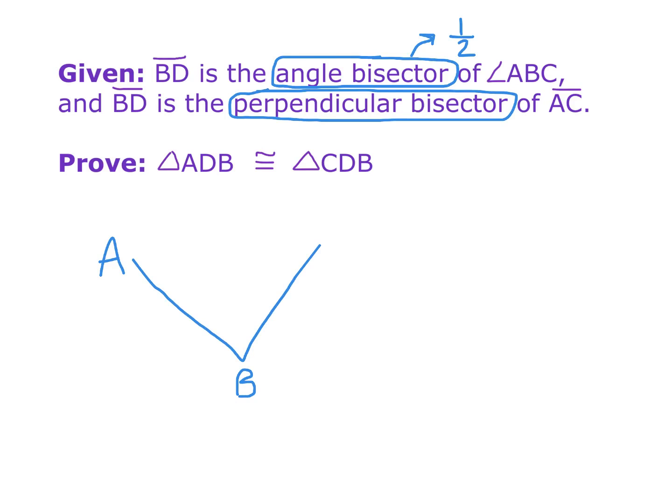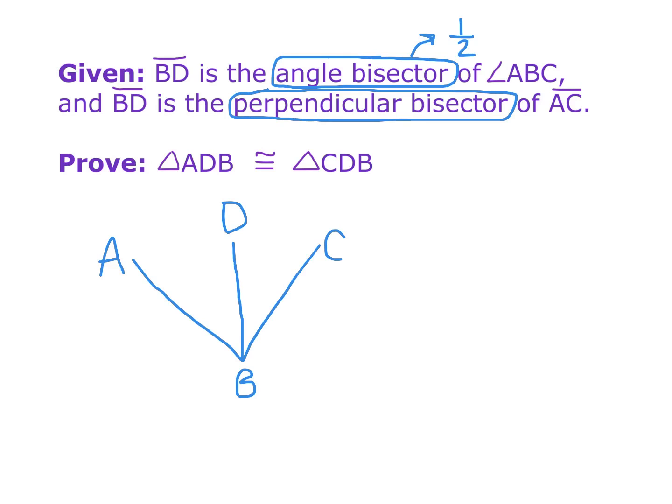There are other ways that you can draw this picture; I'm just showing you one example. So I have this angle ABC and I have a bisector BD. Since B is already the point in the middle of my angle, I'm going to go up to draw point D.